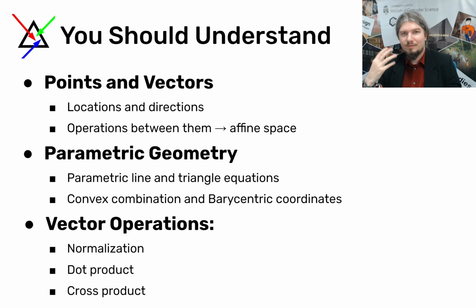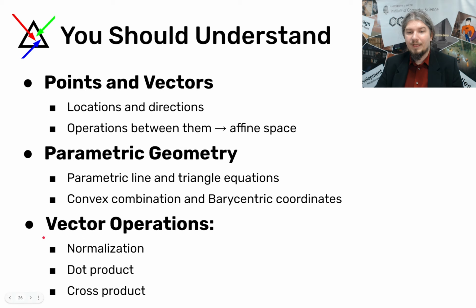But for now just know that if you take a couple of points, or a vector and a point, or maybe a few more vectors if you want to do a triangle, then you can make a parametric equation where you input different real numbers and get different points on the object. We saw convex combination and barycentric coordinates.